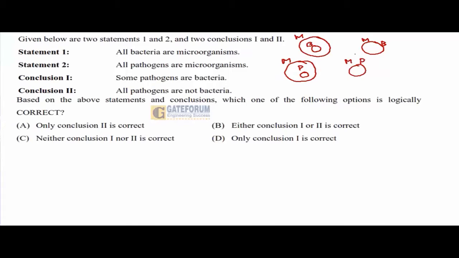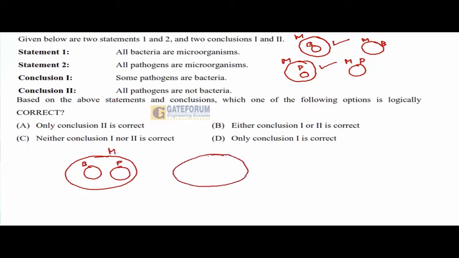Now the combination of them is going to help us draw our conclusion. Let us select the most effective combination, and quite naturally we can find that these two combinations would be the most effective. If we combine them, we can get either this one, where as you can see bacteria and pathogens are entirely different with microorganisms.